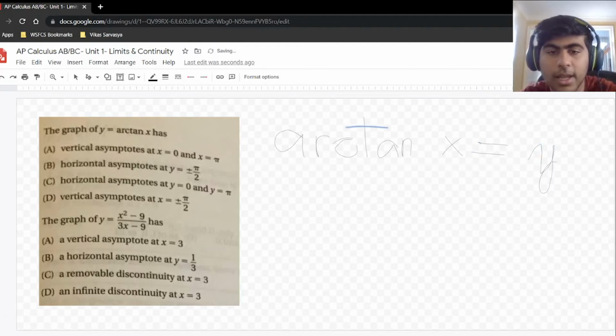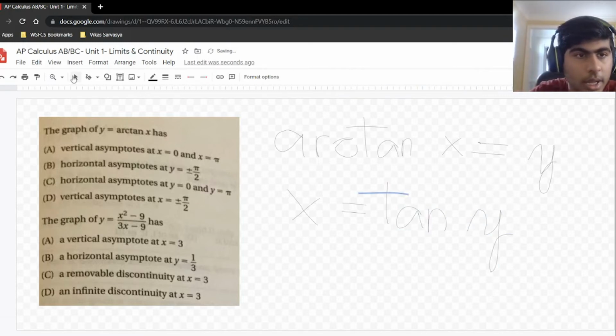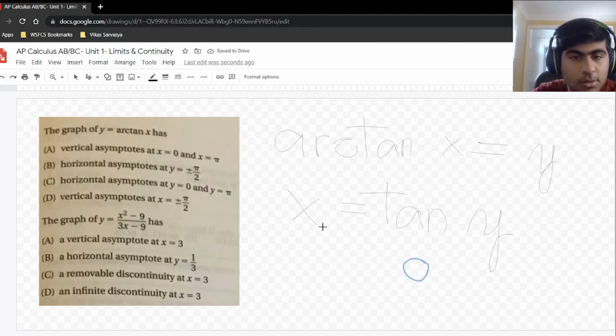If we write it like that, we can take the tangent of both sides, and we just get x equals the tangent of y. Now we can just plug in these values. If x equals 0, then y has to equal, well, if we put in 0 radians, because remember tan is sine over cosine, then the sine will be 0. So at x equals 0, y is also 0.